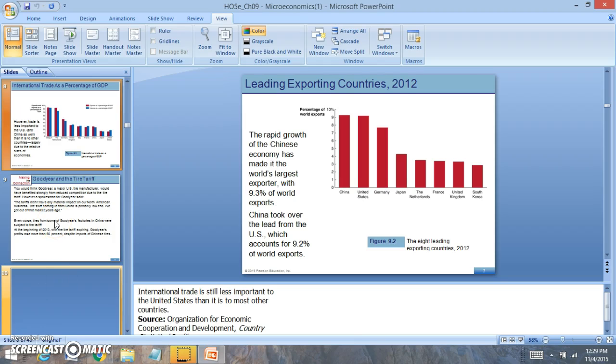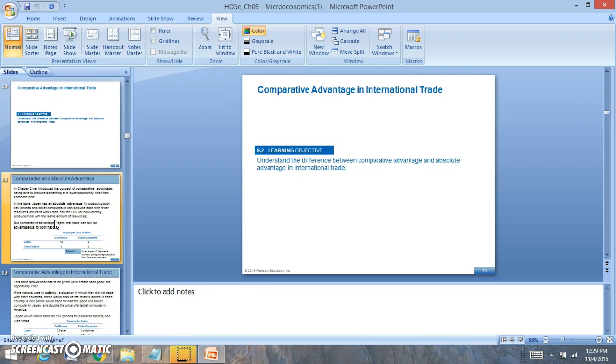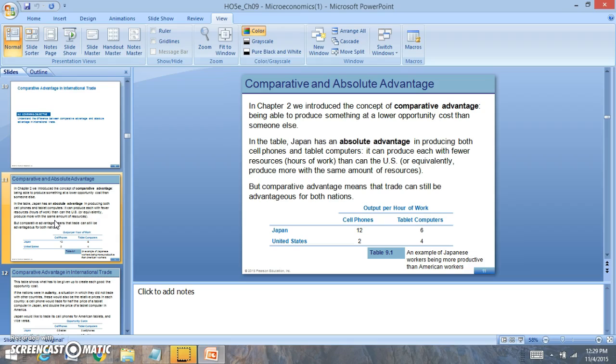We also look at different challenges that these firms will be facing. And when we look at comparative and absolute advantage, comparative advantage is looking at what we can do in terms of a lower opportunity cost. The country that has a lower opportunity cost is the one that will be willing to supply more in the market. When we look at absolute advantage, this is the country that's able to produce more.